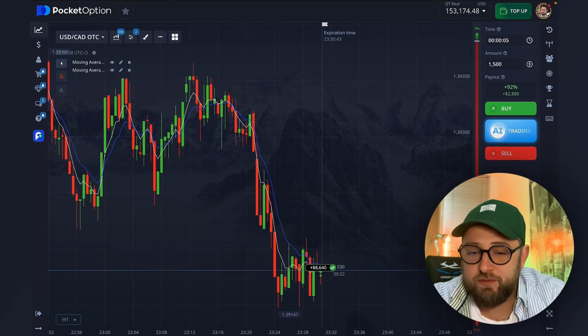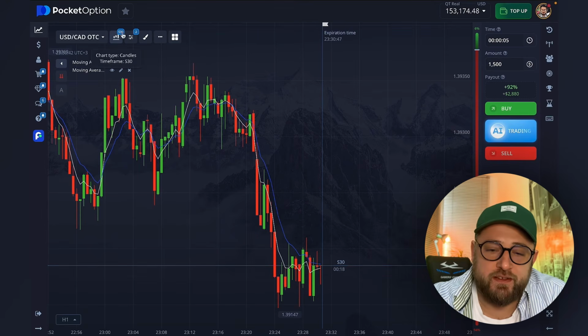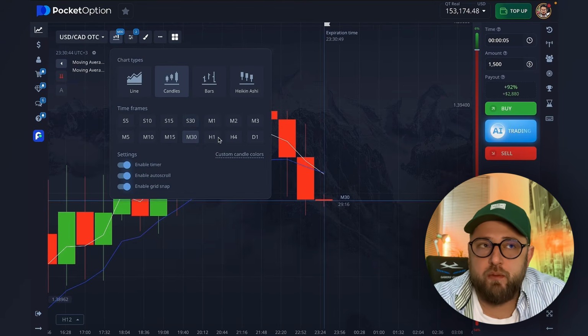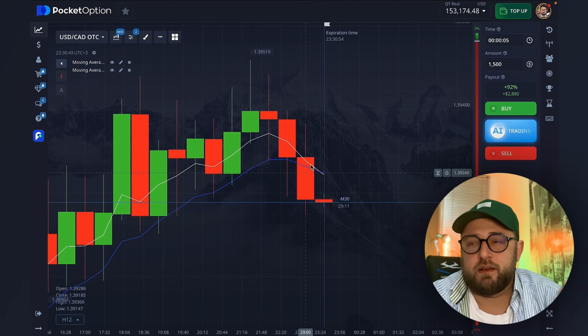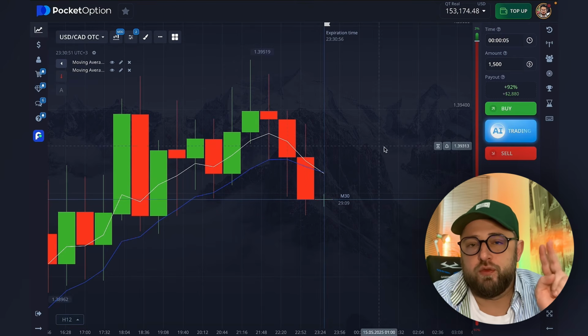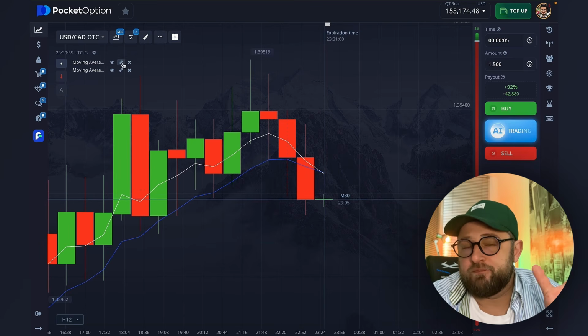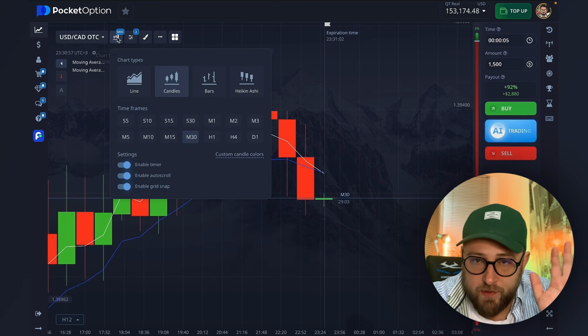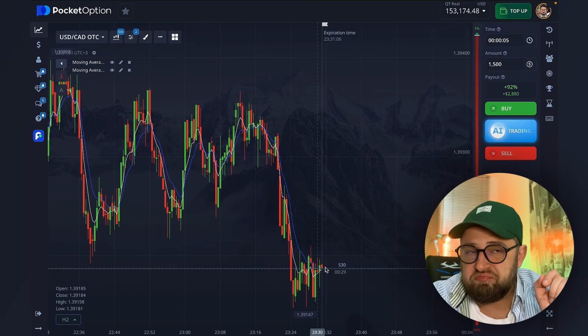Not bad. Yeah, I think for today is enough. The power of multi-frame analysis plus the strategy of 2 moving averages, 5 and 10 periods, plus the secret trick with the last 5 seconds of every candle. Okay, guys, it's enough for the trading session.